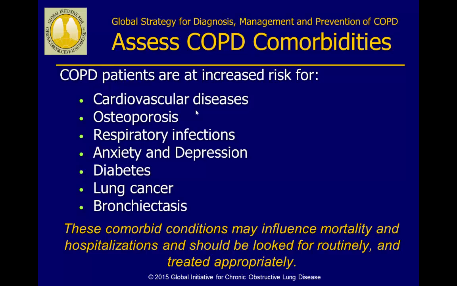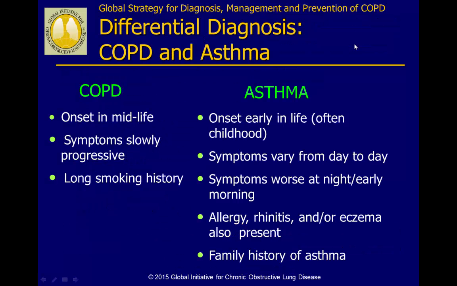Bronchiectasis is the permanent dilation of the bronchioles that also harbors a lot of copious purulent sputum, and therefore they're high risk for lung cancer, they're high risk for recurrent pneumonia. So having these comorbidities with COPD increases morbidity and mortality, and of course, rehospitalizations.